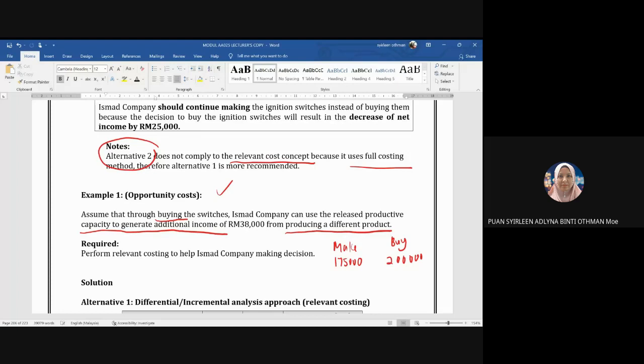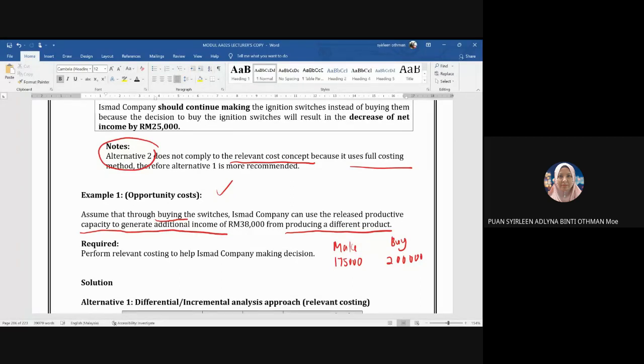Contoh macam ni, awak ada mesin untuk buat switch tu. Tapi sebab kita dah decide nak make, kita akan guna mesin tu untuk buat switch sendiri. Tapi tadi situasi satu dia tak bagi benda ni, yang ni ialah maklumat tambahan.